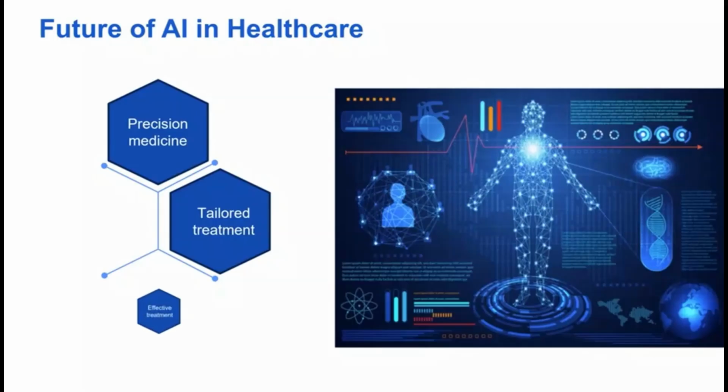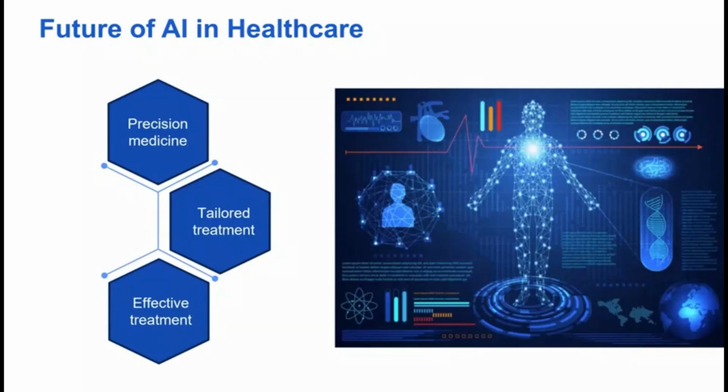This could lead to more effective treatments, fewer side effects, and better patient outcomes. Mastering AI in healthcare requires not only technical proficiency, but also a deep understanding of its history and the ethical challenges it presents. By examining both the past and future of AI, healthcare providers can adopt these technologies in a way that enhances patient outcomes without compromising ethical standards.